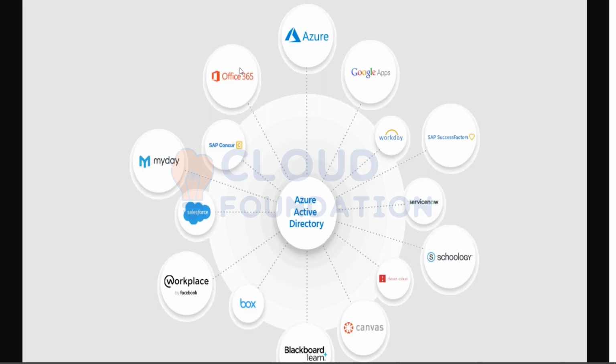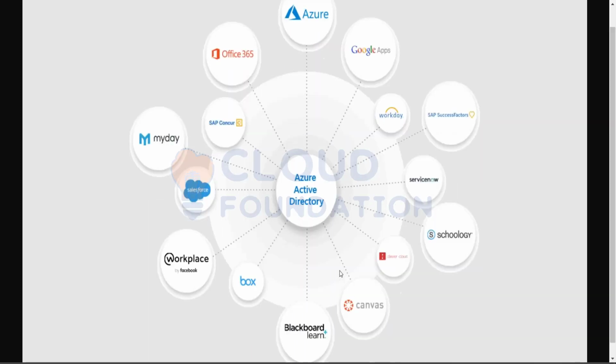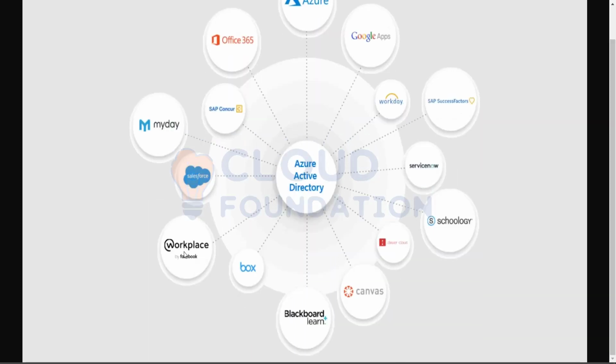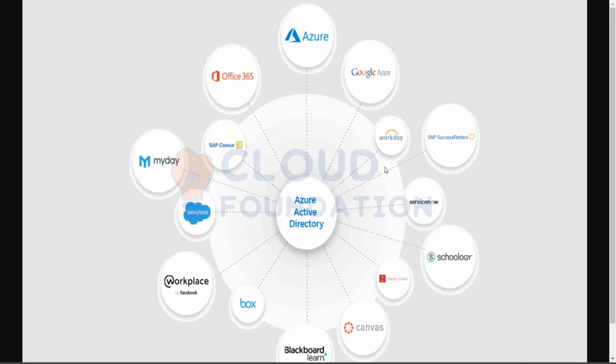Whereas if you look at software as a service, this is also an identity solution for Office 365. It can behave as an identity solution for Google Apps, SAP, Canvas apps, third-party apps, Workplace, Dropbox, and a lot of third-party custom applications that developers create.